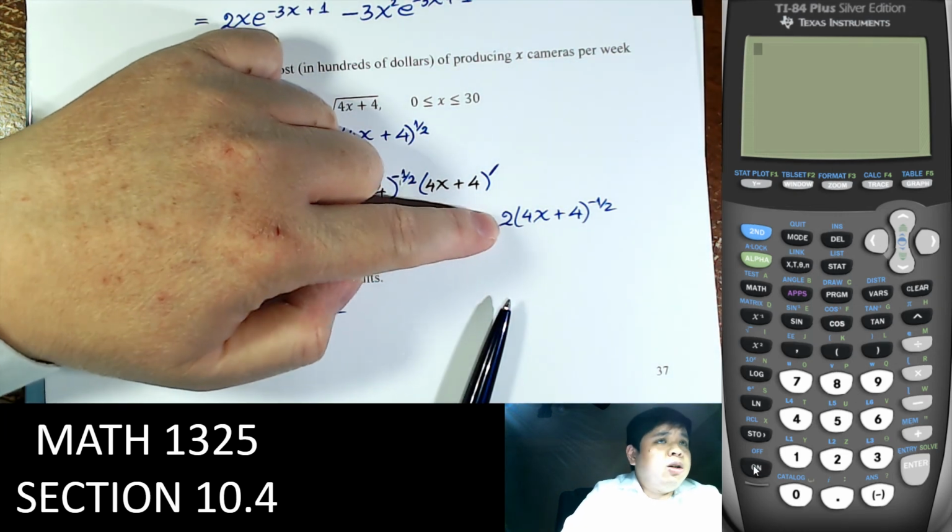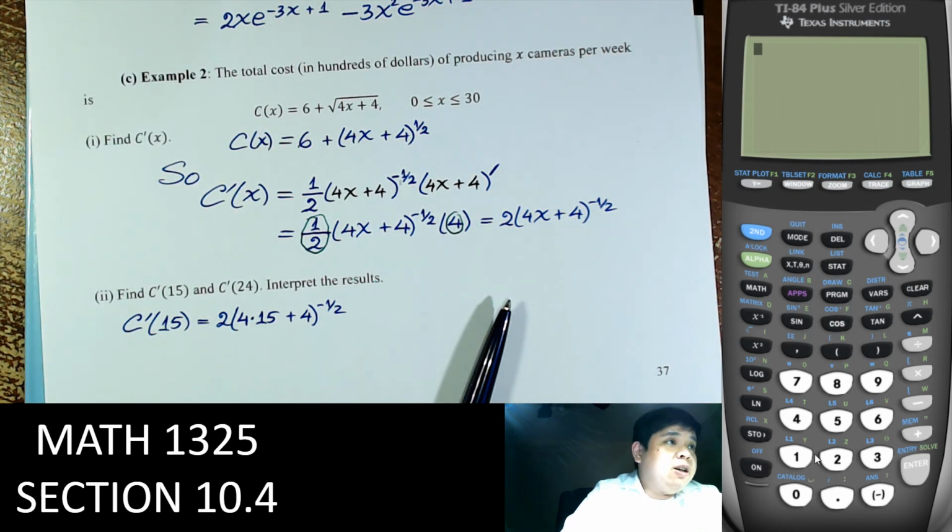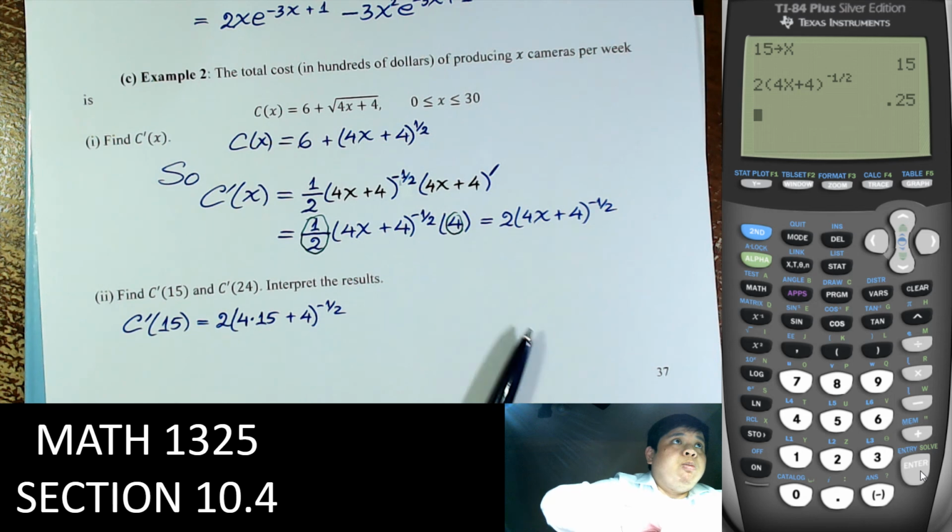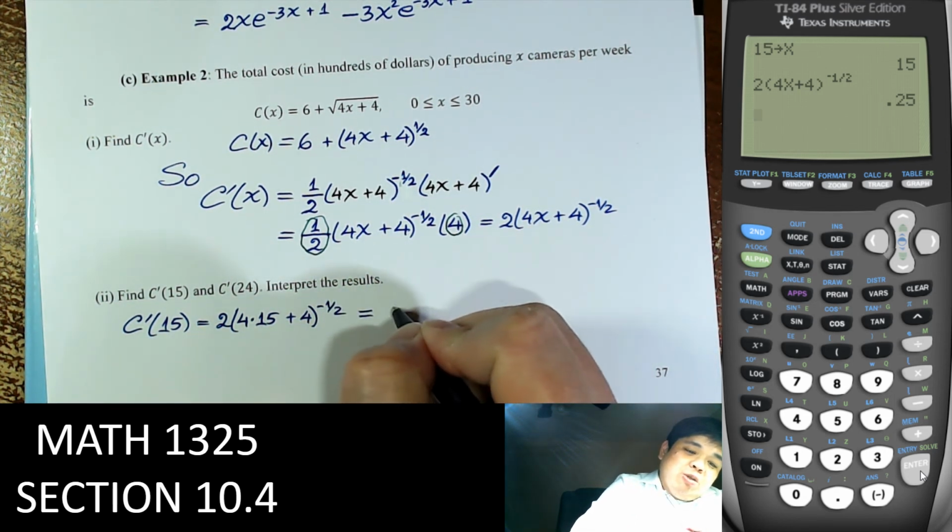Or I just do this. It's the function, let's say 15 stored into x, and then we have 2 times 4x plus 4 to the negative 1/2. So that's 0.25, which is 1/4.